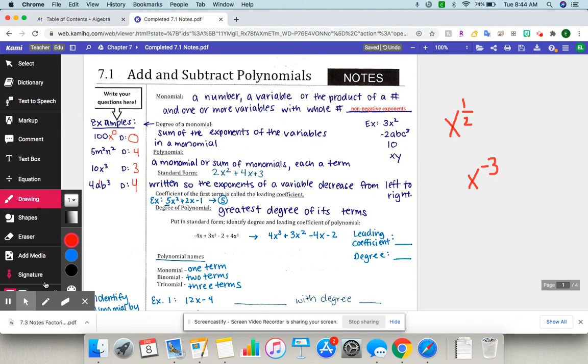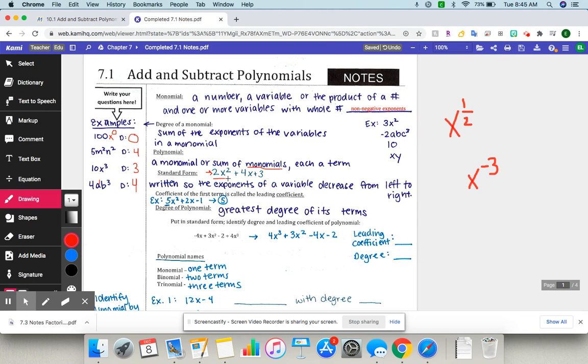Next, we identify the term polynomial. So as we said before, a monomial is a polynomial, but also any sum of monomials. So in this example, this polynomial is made up of 3 monomials, but we're taking the sum of all 3.